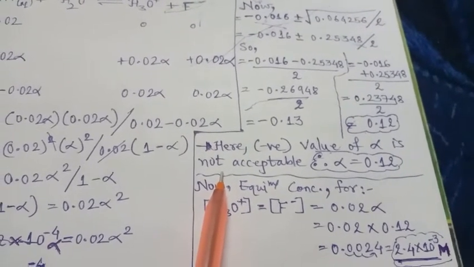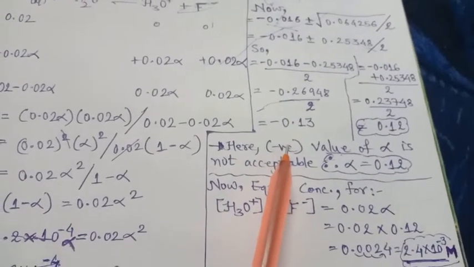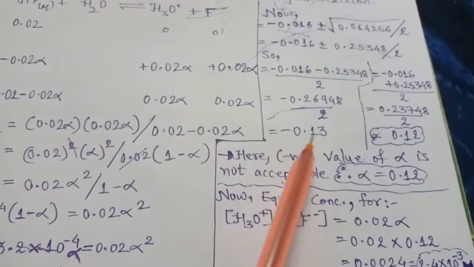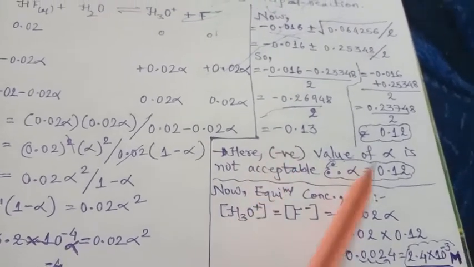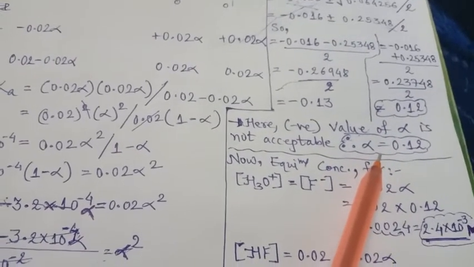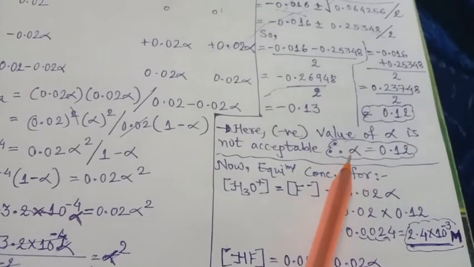That means which dissociates. That means it is consumed. So its negative value is not acceptable. So minus 0.13 is neglected, and we will consider here 0.12 as alpha, the degree of dissociation. So we were asked to calculate degree of dissociation, so this we got.